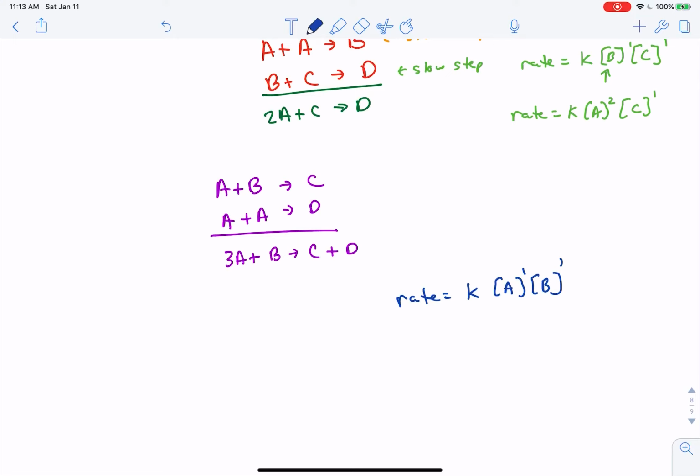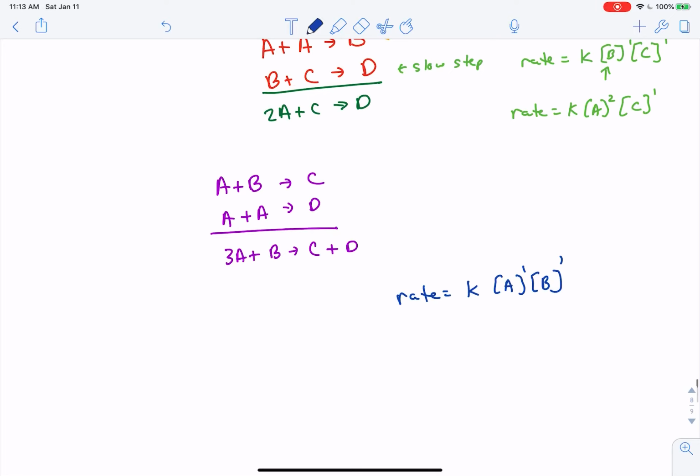The first one. Why the first one, Claire? There's both of them and they're both one of each. Right. So if this is my rate law, then that tells me that this must be my slow step, because they have to match. Does that make sense, Claire?